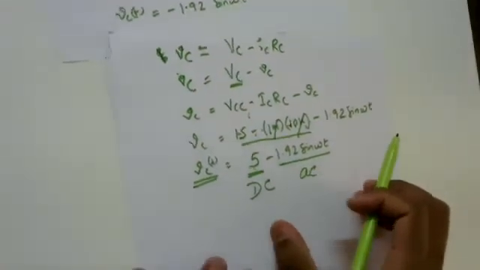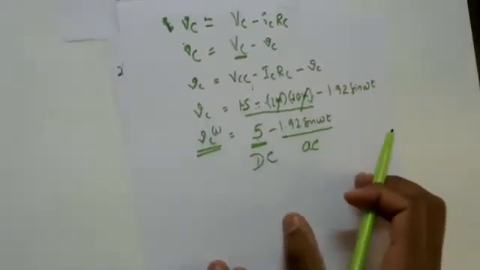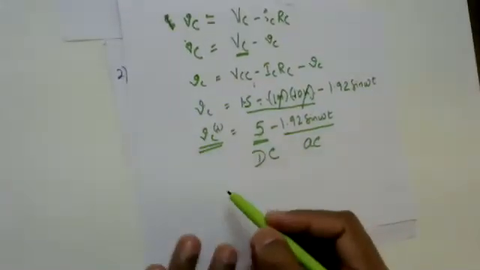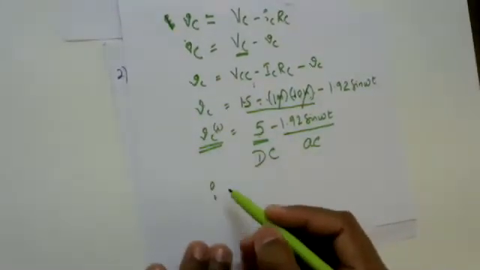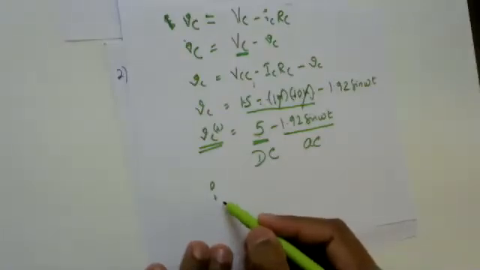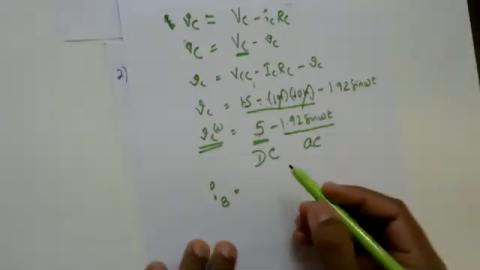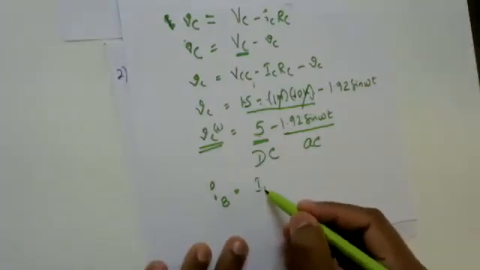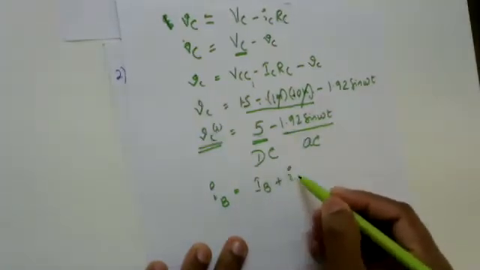Then next I need to compute the equation for IB. What's the equation for IB? The equation for IB is being defined as IB plus IB.